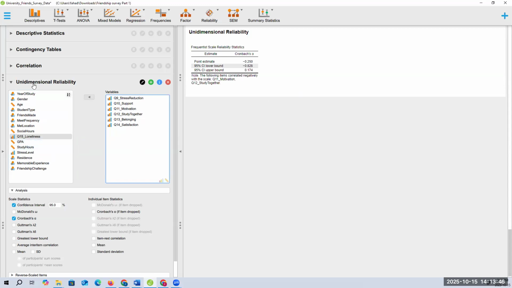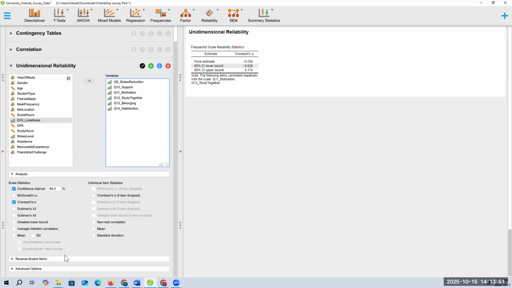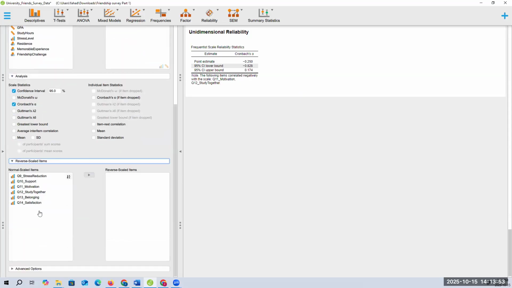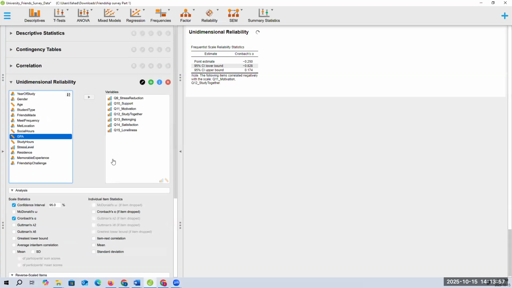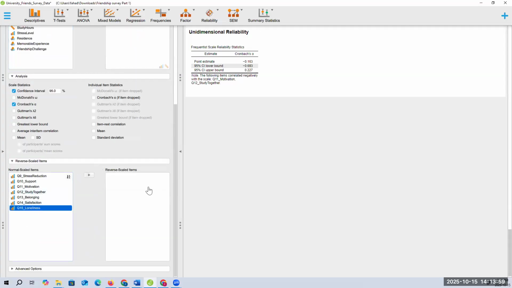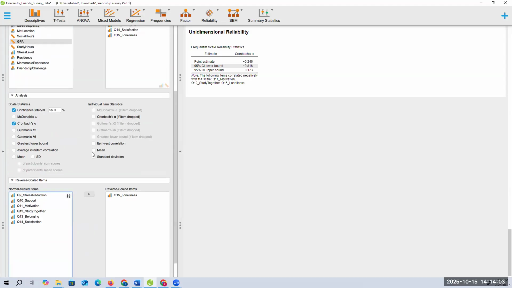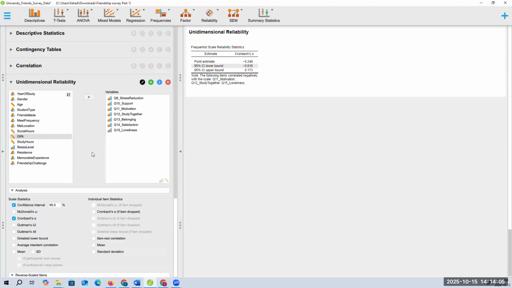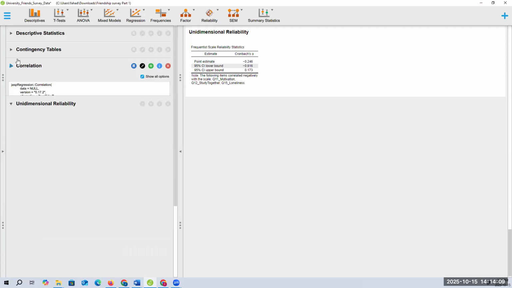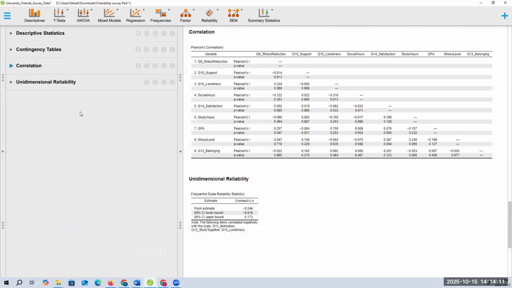So I was expecting 0.84 as a Cronbach's alpha. Reverse scale items. So loneliness was a reverse scale item. Still see 0.246. So it seems these items are not as related to each other.